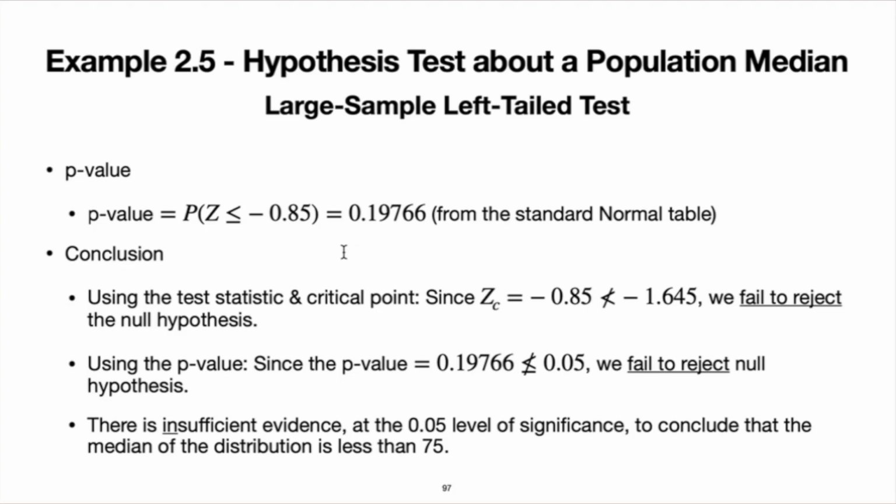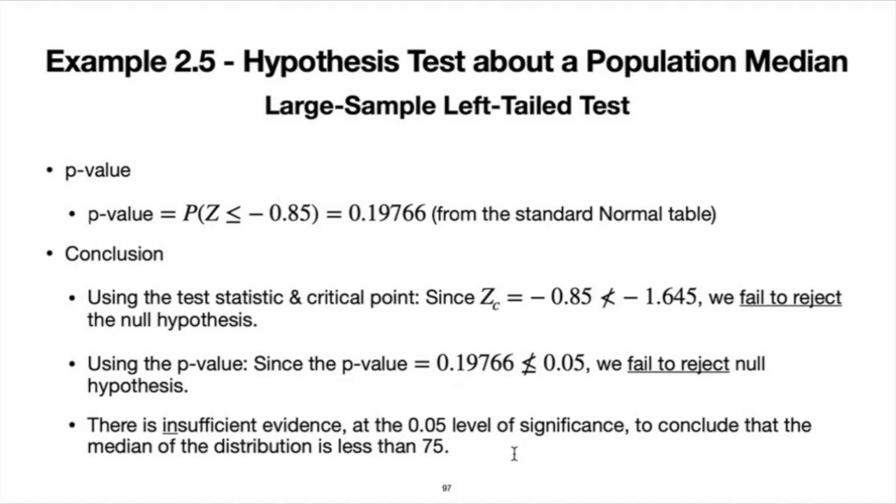All right, so what's the conclusion? Well, utilizing the test statistic and critical point approach, since z-calc, which is equal to negative 0.85, is not less than negative 1.645, we fail to reject the null hypothesis. If we're using the p-value method, we would say since the p-value, which is 0.19766, is not less than or equal to 0.05, we fail to reject the null hypothesis.